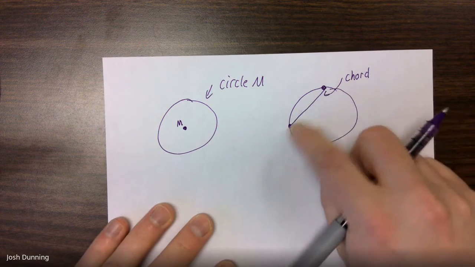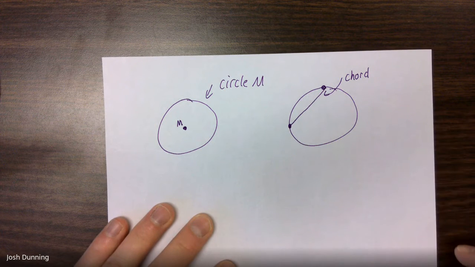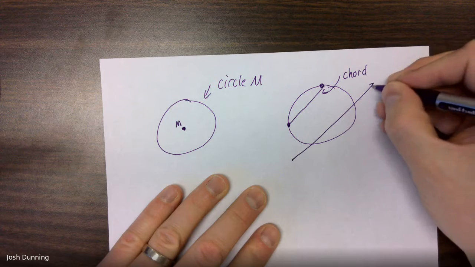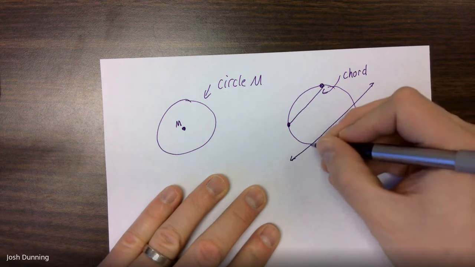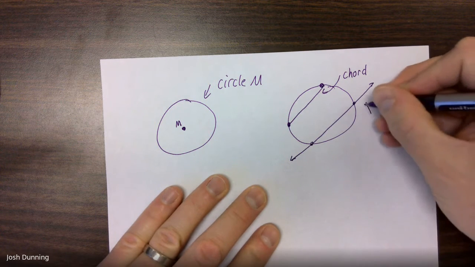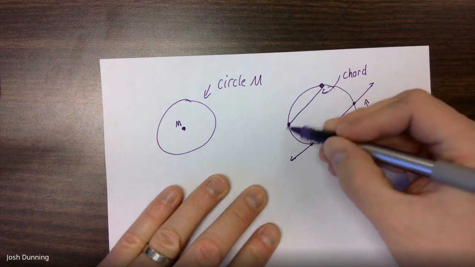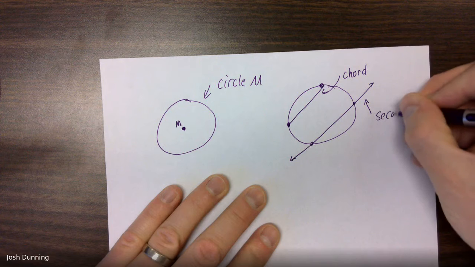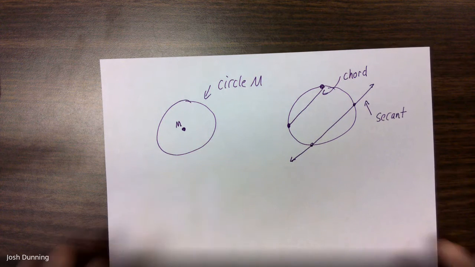If you have a line that goes through the circle and hits it on 2 parts, like goes all the way through, it doesn't just stop at the ends of the circle. If it goes all the way through, that's called a secant.